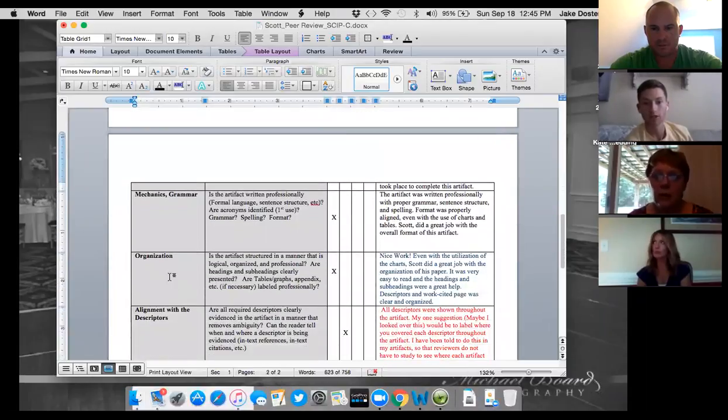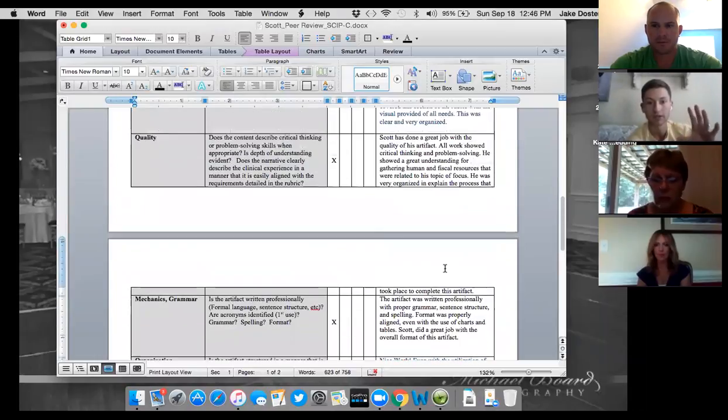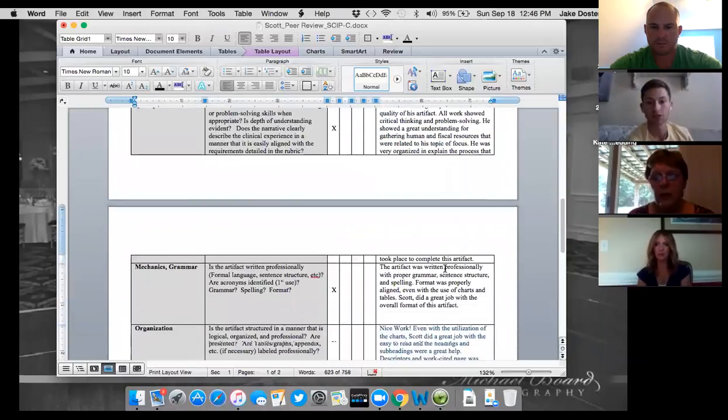I thought your organization of the format of the paper all the way through was great. You had all those tables in there that I have a hard time with when I'm putting those into my paper, of just keeping everything organized and on topic. All your resources that you used related to what you were trying to accomplish.